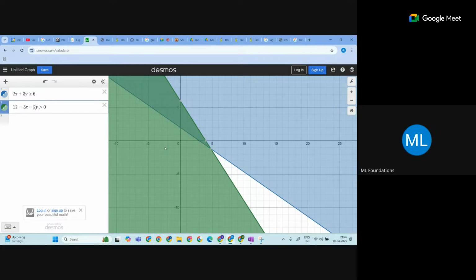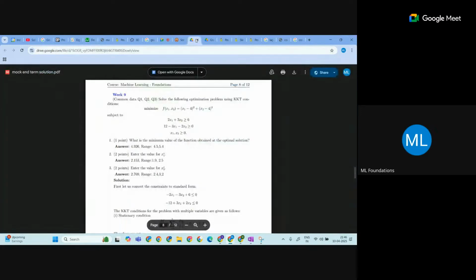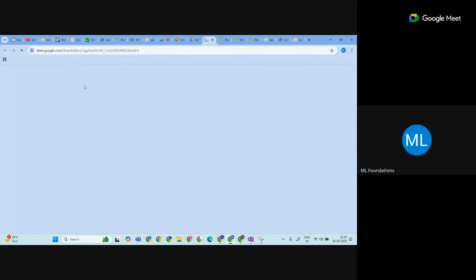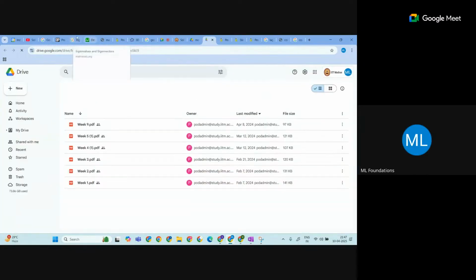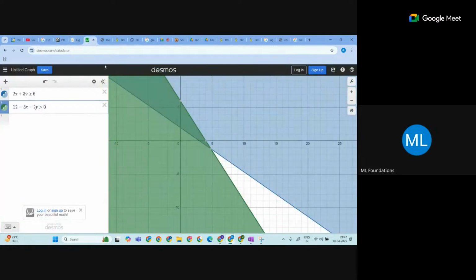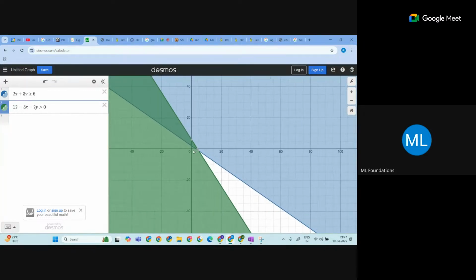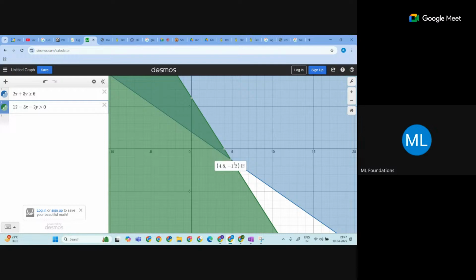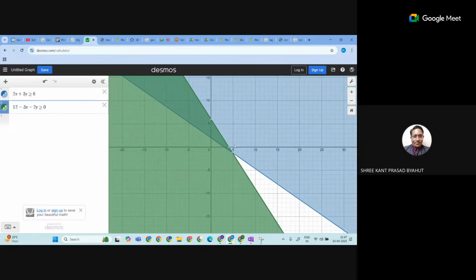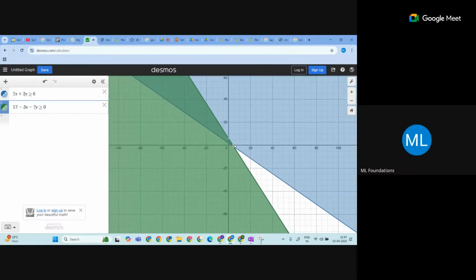Minus 2y. So this is the region. And the next is both are positive. So the intersection of the greater or equal to regions is this one only. So this region is not bounded.